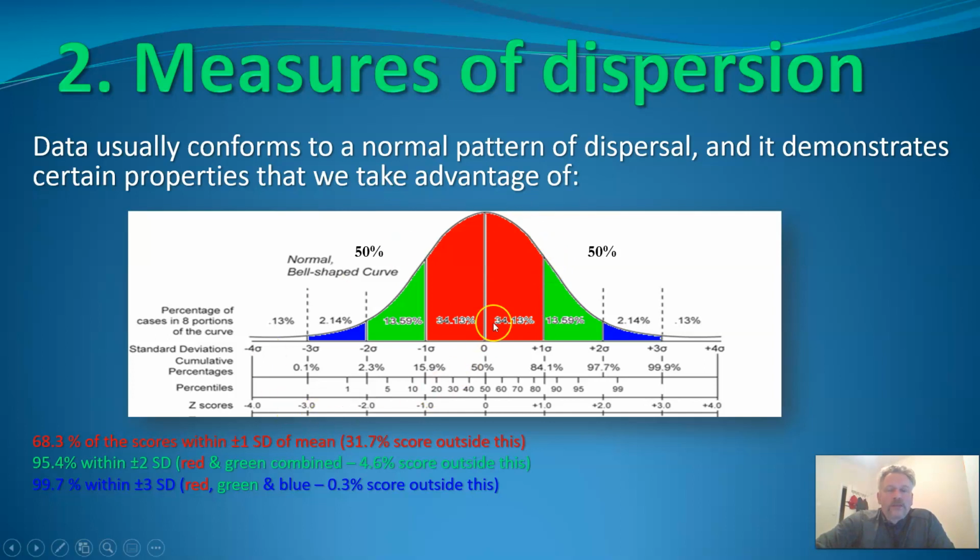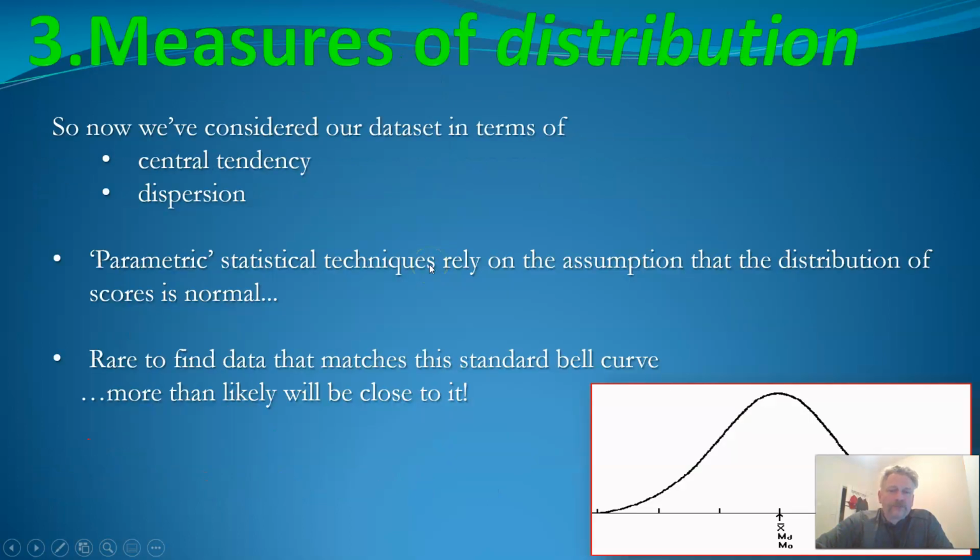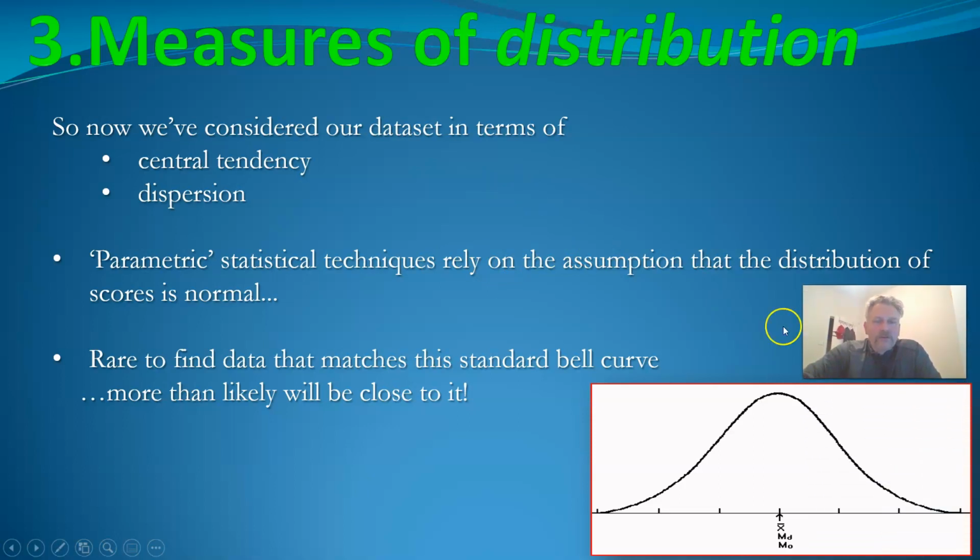One of the things that we can also begin to do is look at the shape of this distribution, and that's what I want to look at now. So we've already looked at central tendency, we've looked at dispersion. What we're going to look at now is the distribution.